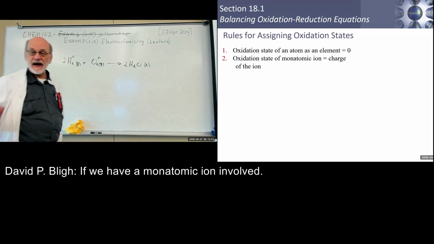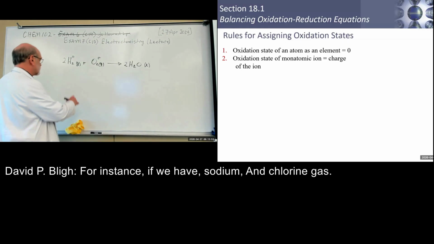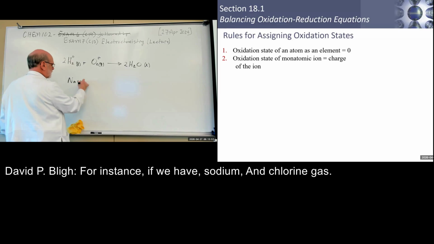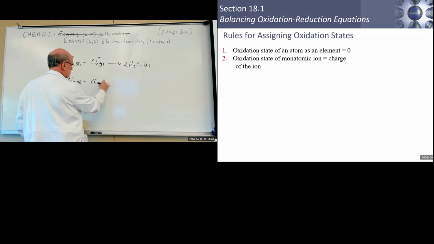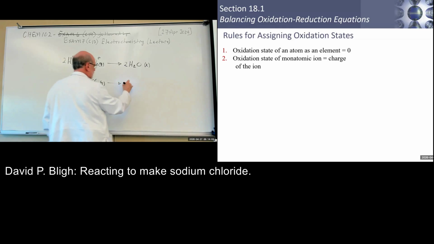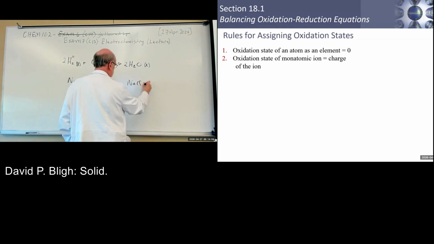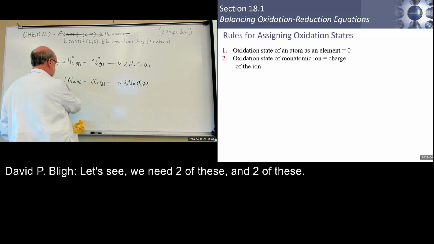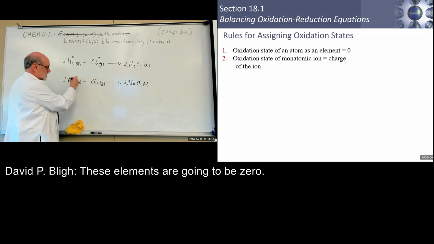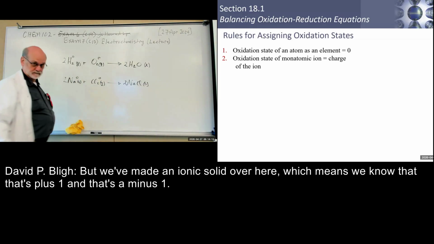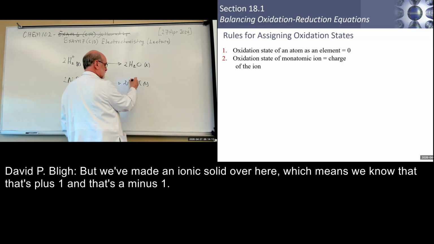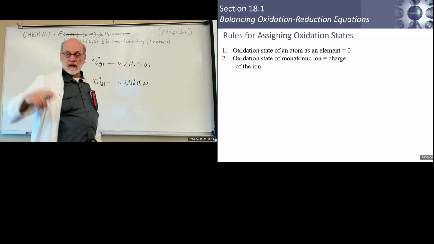If we have a monatomic ion involved, for instance, if we have sodium and chlorine gas reacting to make sodium chloride, solid. Let's see, we need two of these and two of these. These elements are going to be 0. But we've made an ionic solid over here, which means we know that that's +1 and that's a -1.